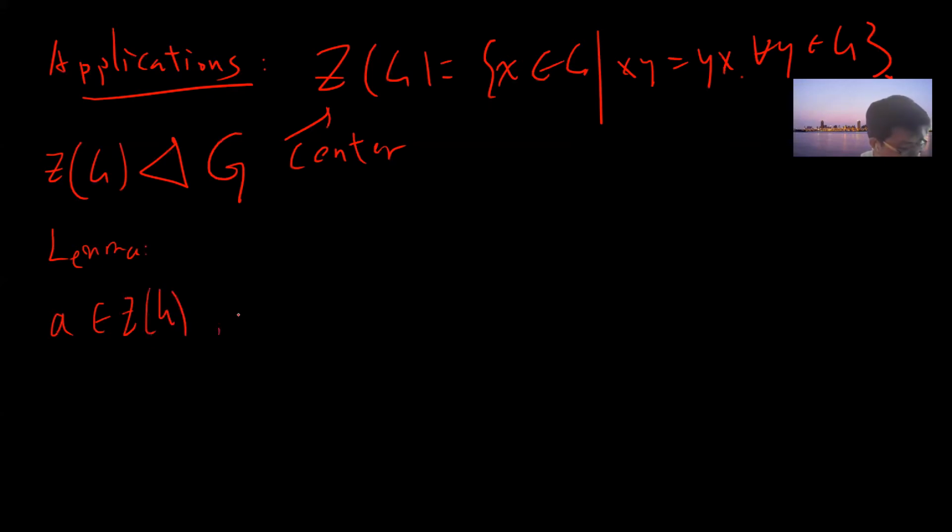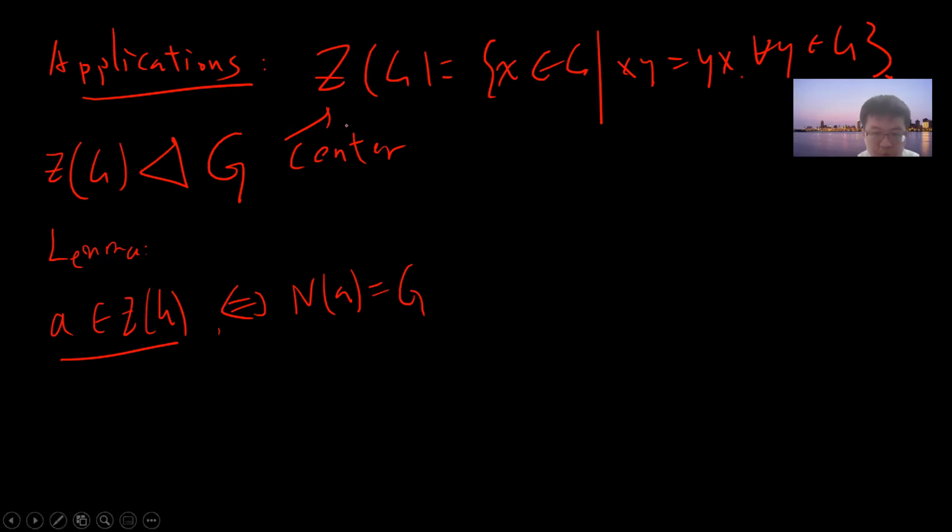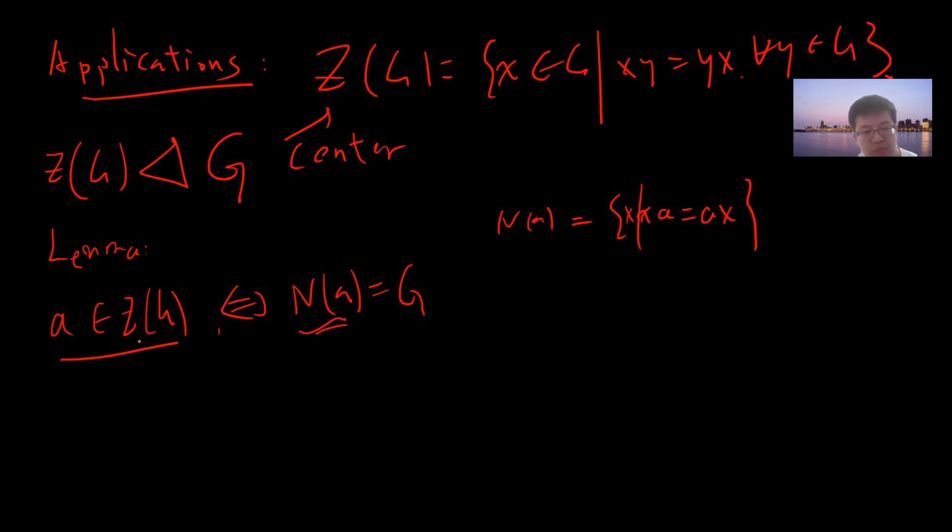The lemma says that A belongs to Z of G if and only if N of A is G. Remember what N of A is: everything that commutes with A. Since A belongs to Z of G, every element commutes with A, so N of A is G. Conversely, if N of A is G, everything in G commutes with A, so A will be in the center. So this is just a tautology.